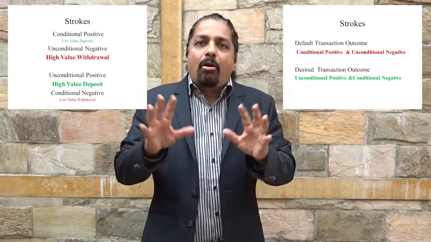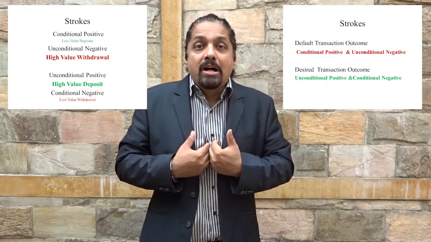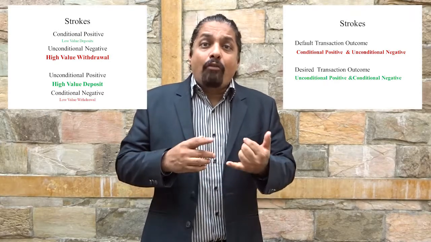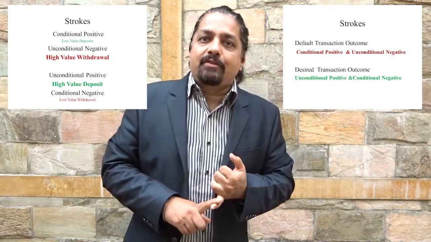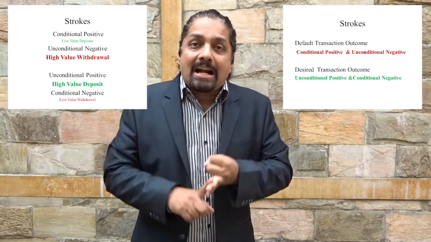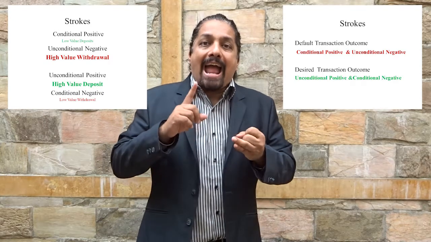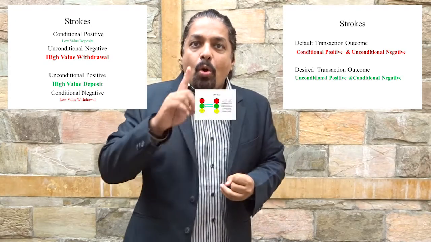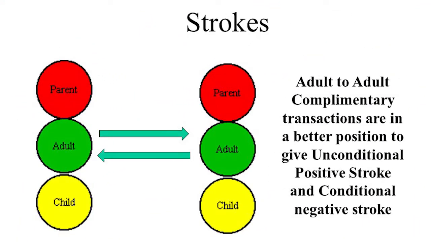Now the trick about emotional bank account is that we need to learn the art of giving conditional negative strokes and unconditional positive strokes. Now unconditional positive strokes and conditional negative strokes only can be given by an adult ego state.